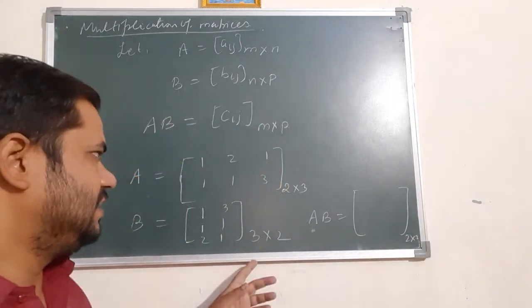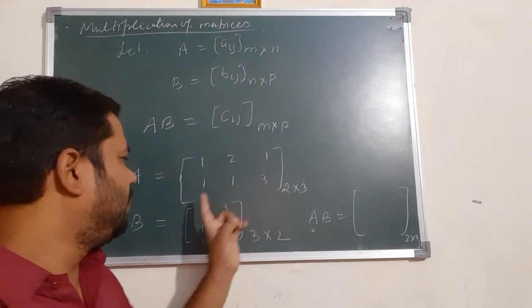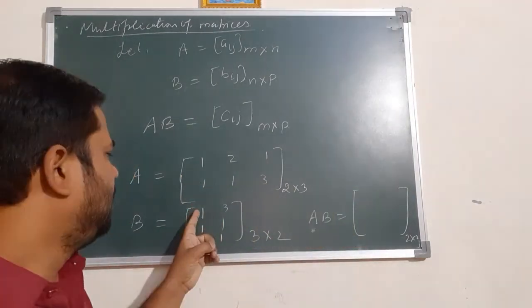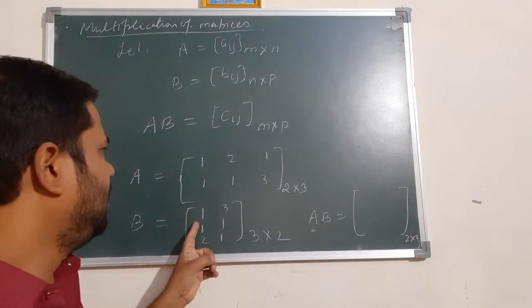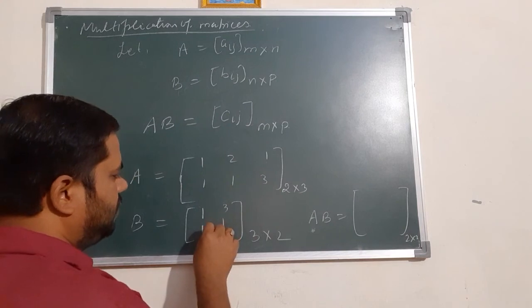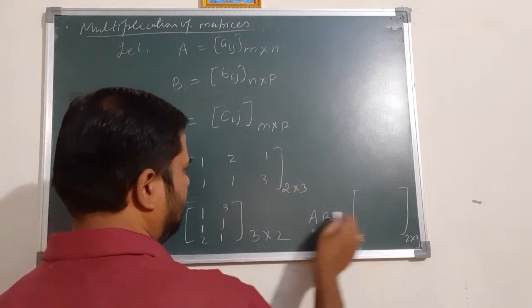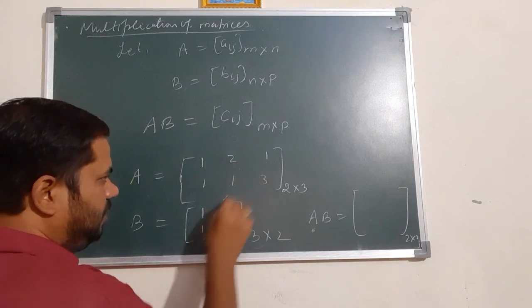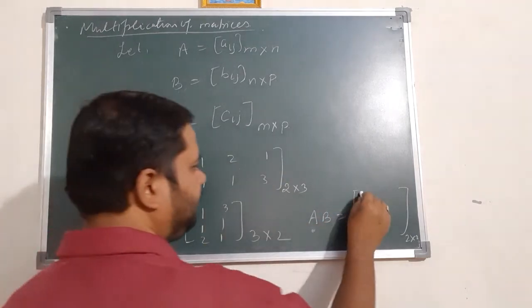And what are the elements? You just multiply row by its column. This is the first element: 1 into 1 plus 2 into 2 plus 1 into 1... 1 plus 2 into 1, 3 plus 1 into 2, 5.